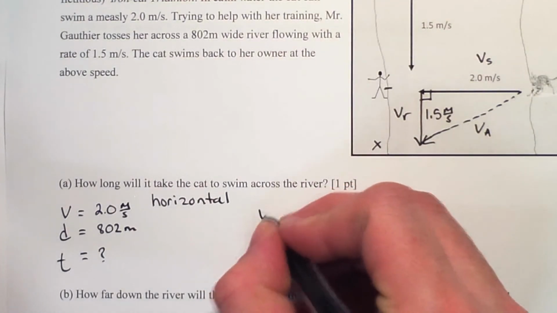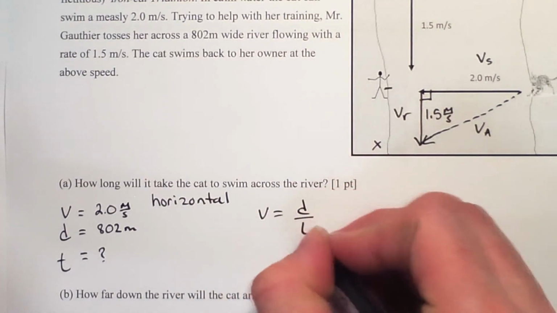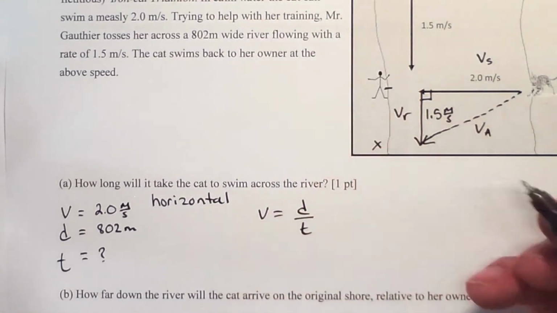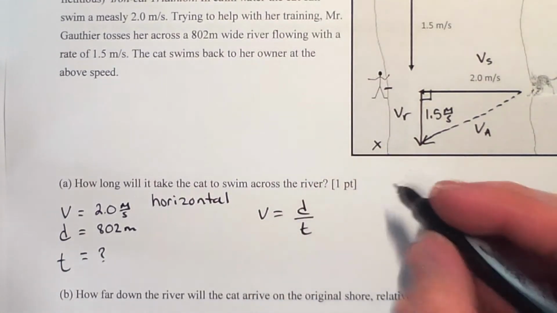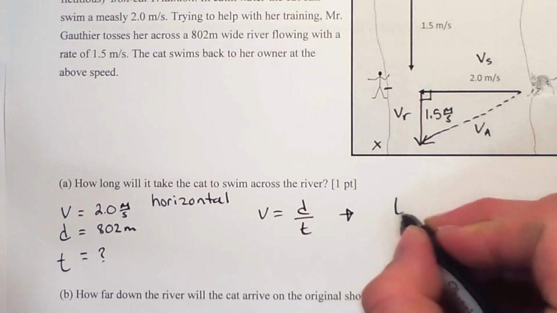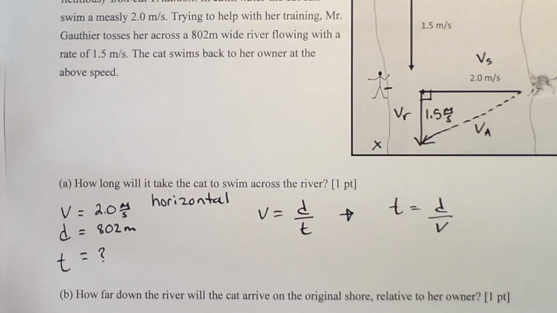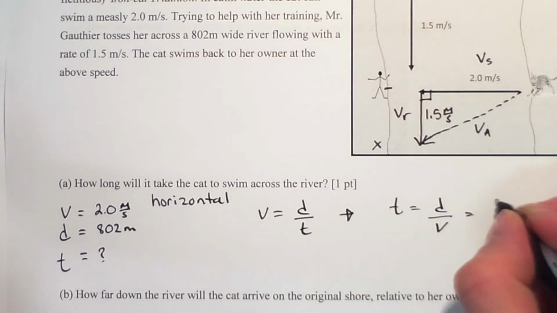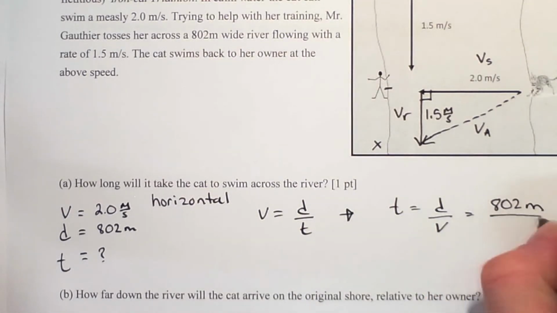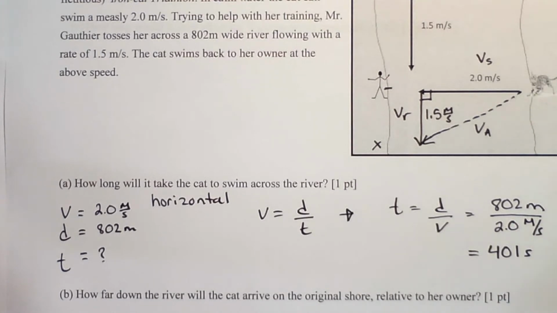Since speed is equal to distance over time, we know that time is going to be equal to distance over velocity. So that's 802 meters divided by 2 meters per second, and that's equal to 401 seconds.